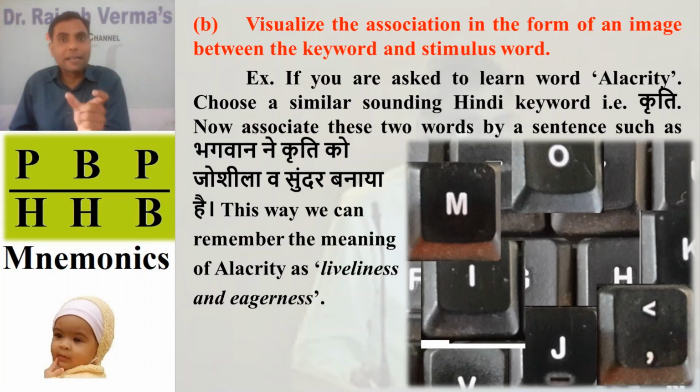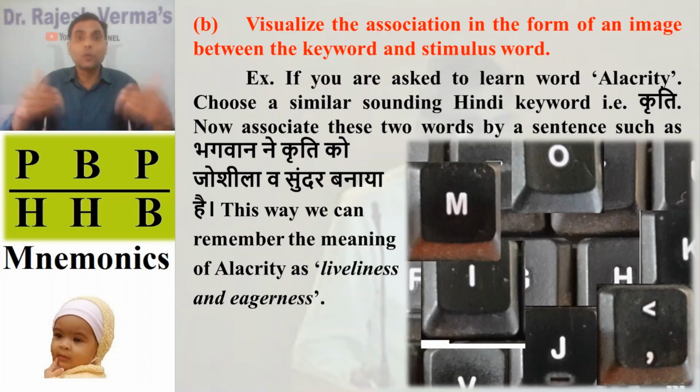To avoid referring to the dictionary time and again, we use this type of mnemonics, that is the keyword system. So if you are asked to learn the word alacrity, suppose you are a Hindi medium student or from the Hindi speaking belt, you know Hindi better.